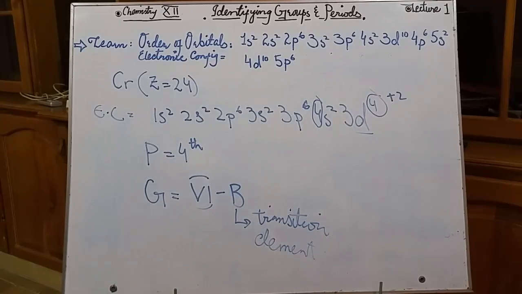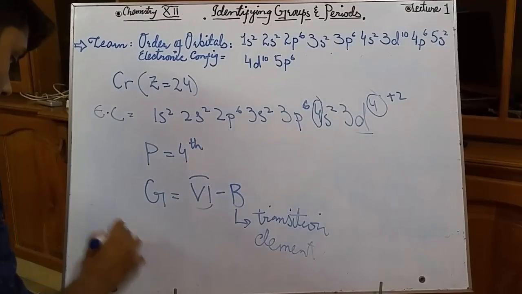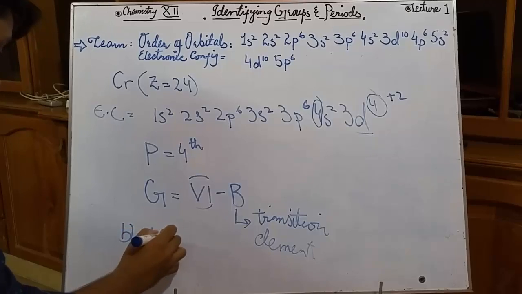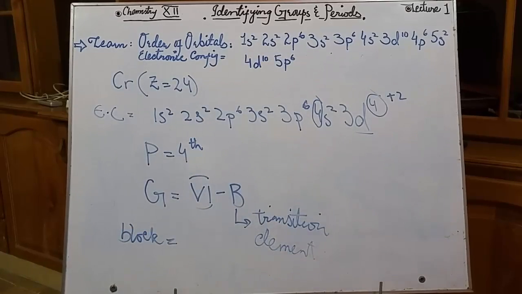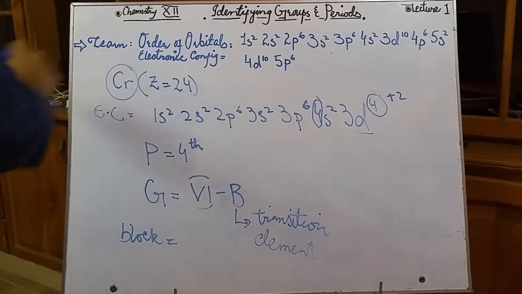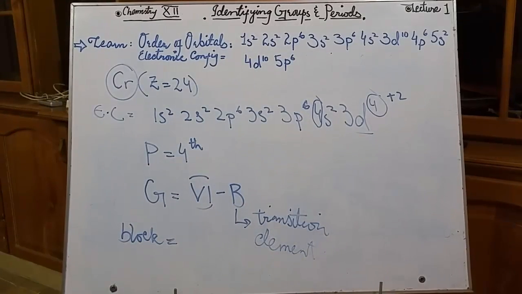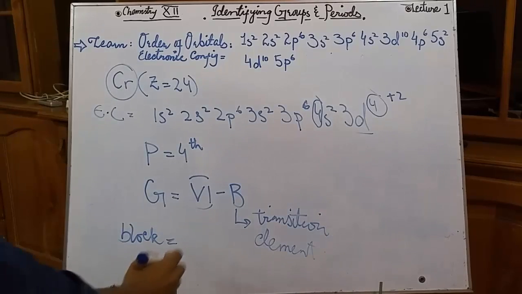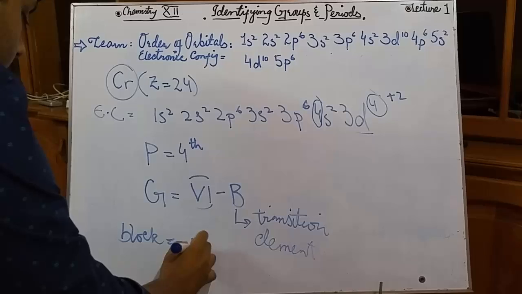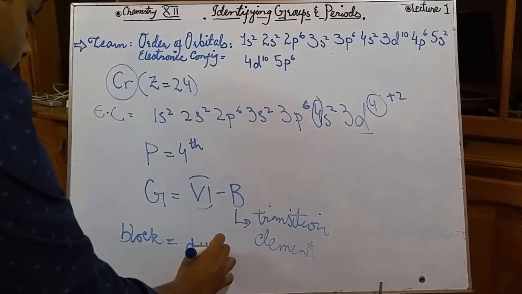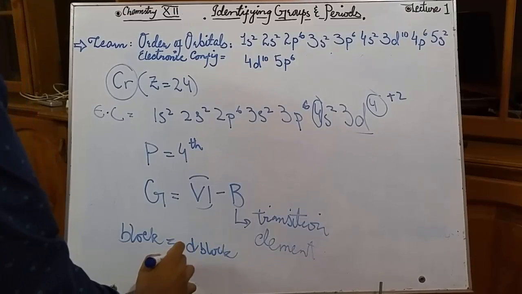An important thing here is the block. If you need to determine which block an element belongs to, chromium belongs to the d block. The orbital on which the electronic configuration ends gives you the block. It's a d block element. So how can you identify the block? The block will be identified easily.